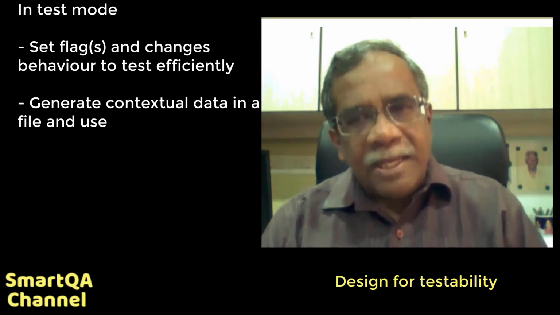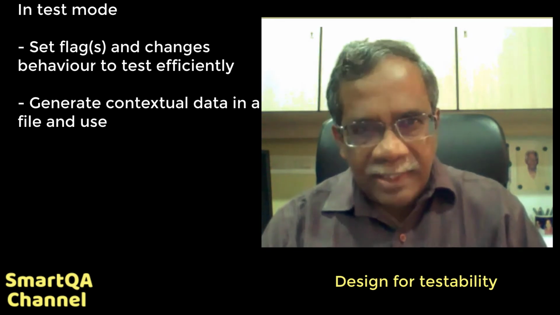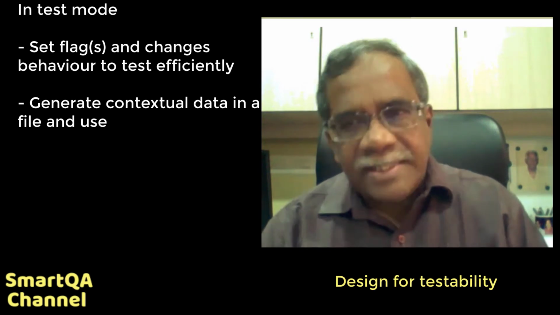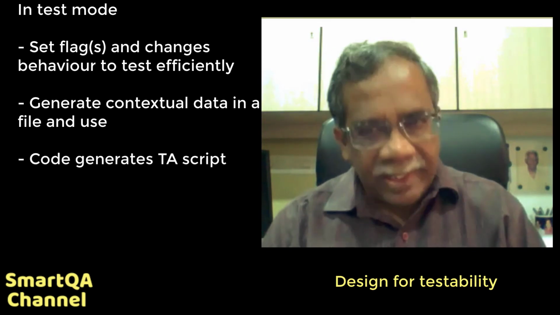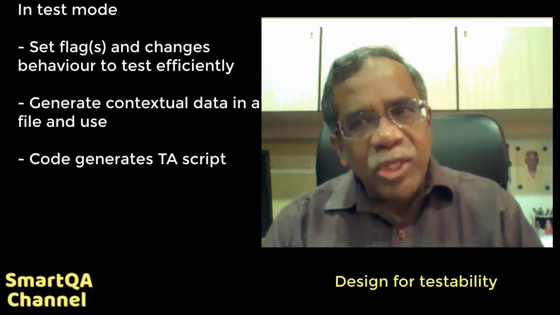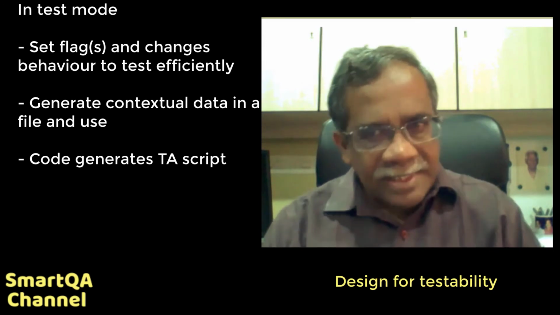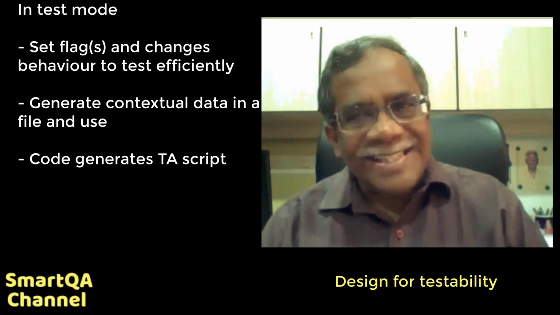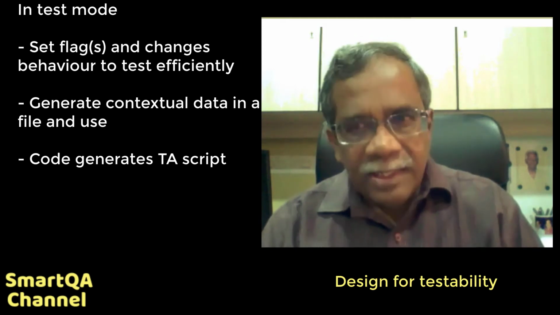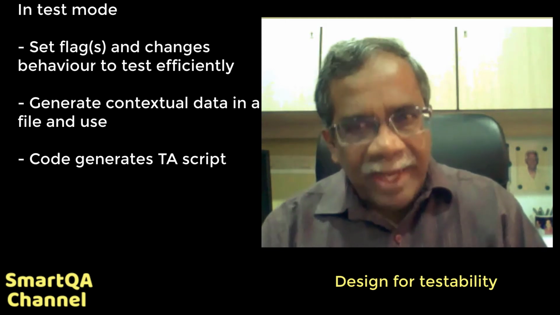So in the testing mode, we actually generate this data as a file. Then, using that data that we have generated as a file, we do the next steps in the workflow. So this is another way that we make the code behave differently in the testing mode.